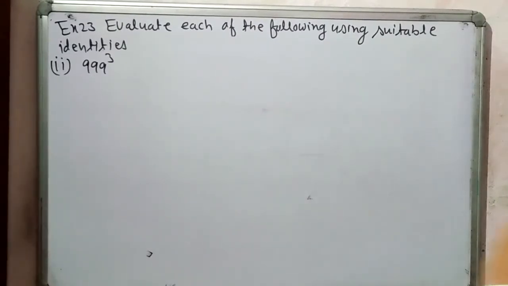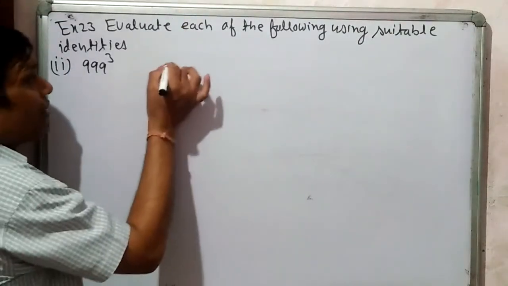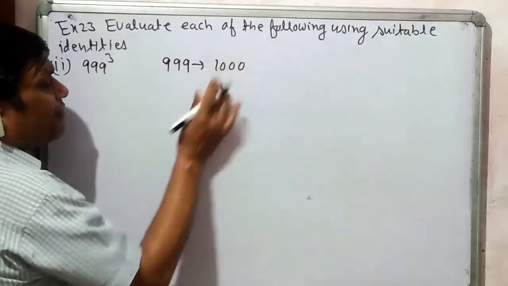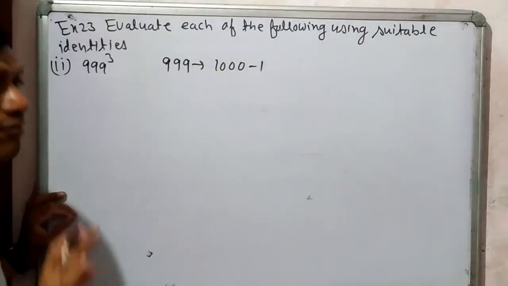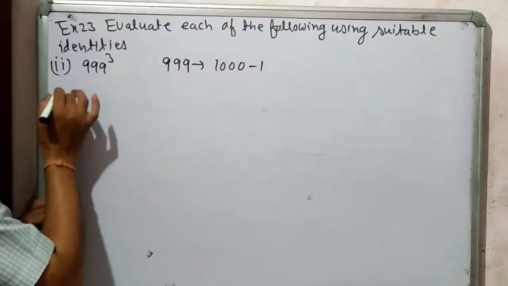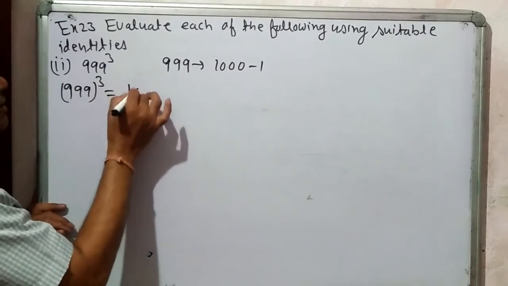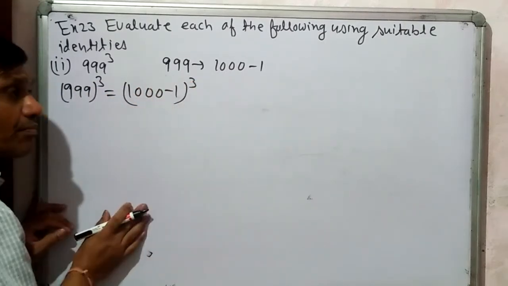The second part of this example, students, is 999 cube. How will I replace 999? In the round figure, it is 1000 minus 1, involving maximum number of zeros, right? So I can write 999 cube as 1000 minus 1 whole cube.